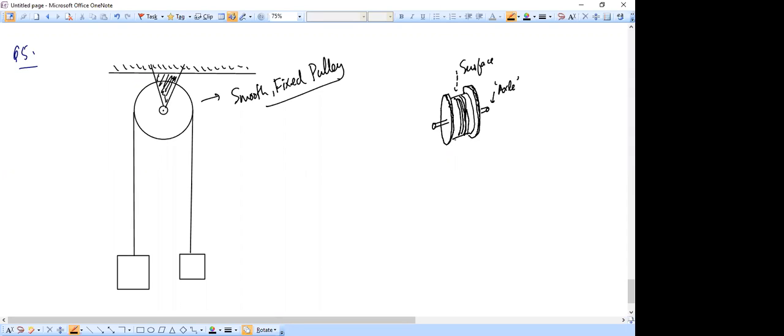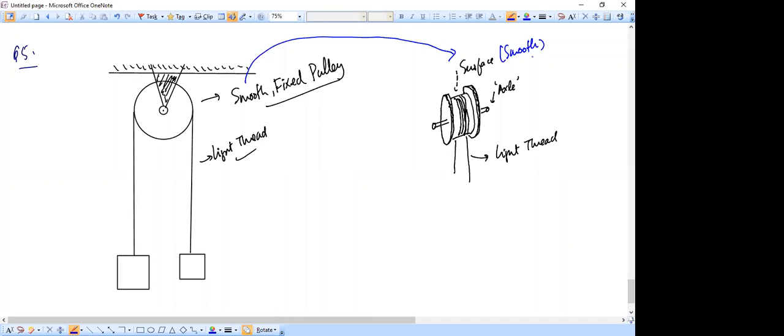Some part of the thread is coming out from that side and some part on the other side. So this is the light thread. Okay. So what we mean by a fixed smooth pulley is that smooth refers to this part. The surface of the pulley will be smooth.